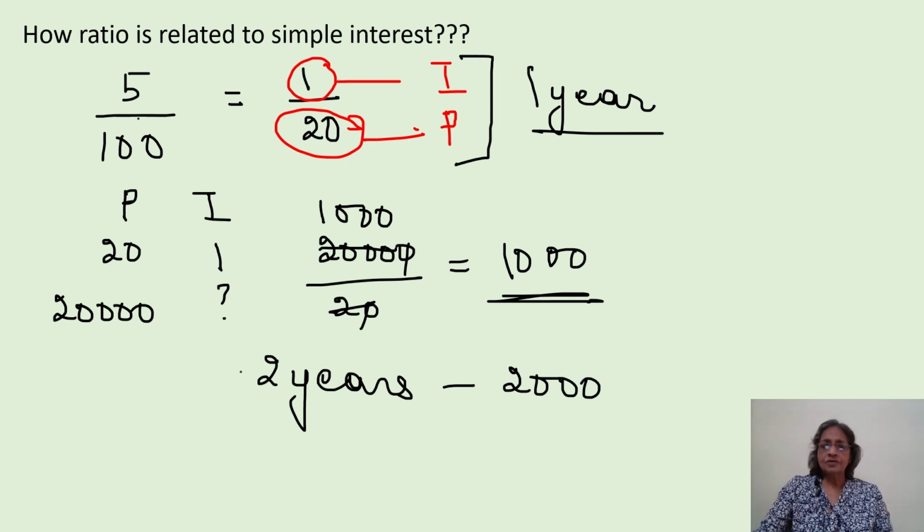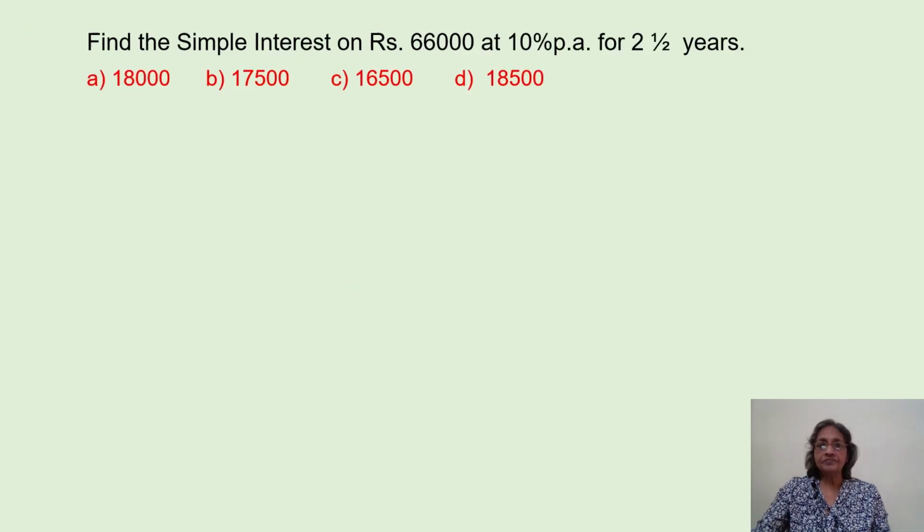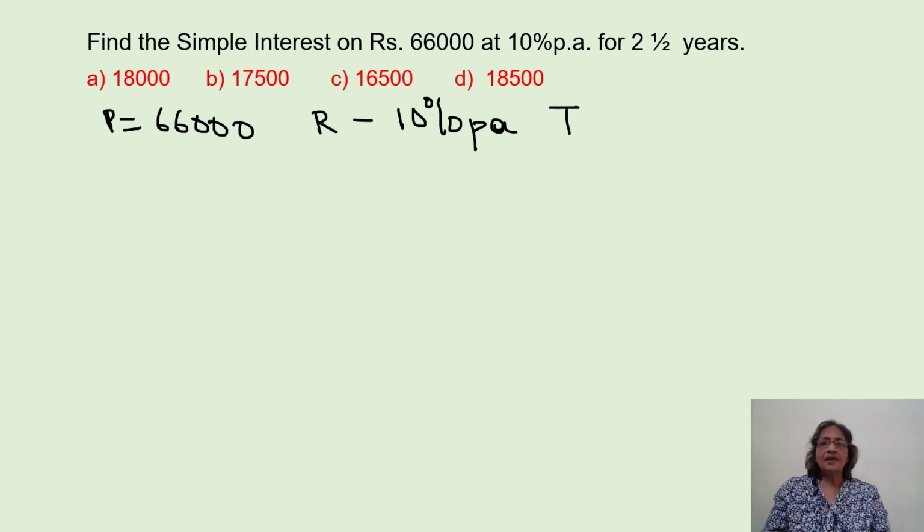All right. So after the explanation and how ratios and percentages can be used to solve the problems, let's go ahead. Now the first one, very simple, up to you. You have got the principal as 66,000. The rate is 10% per annum. And the time period is 2.5 years, which I can write as 5 upon 2 years.